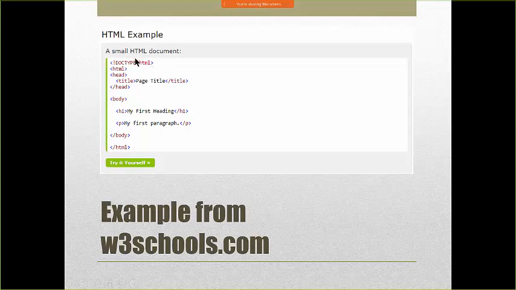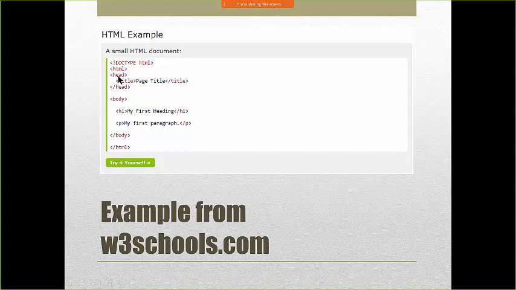And this is a basic HTML document. Doc type HTML. You notice that there are opening and closing tags. Here's the opening HTML tag, and then there's the closing tag. The closing tag has a slash and the same tag name, and everything's inside these angle brackets.